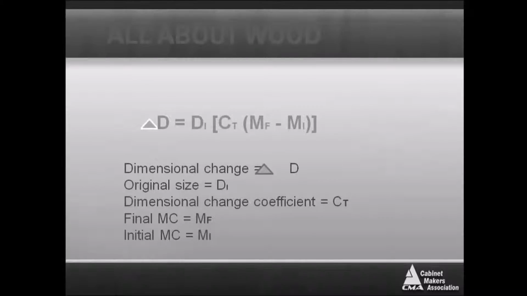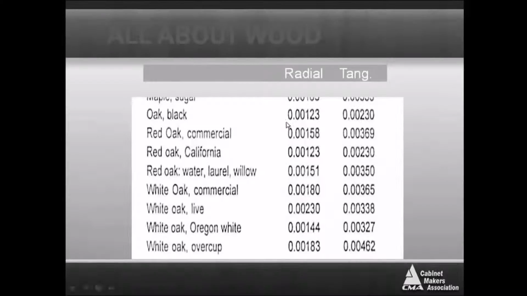But now, we can actually calculate how much wood changes its size or shape when its moisture changes. So this little formula, delta D, change in size, equals DI, the original size, times the coefficient, times the moisture content change. And here's a whole list, I just took a snapshot of some of the numbers that are available.